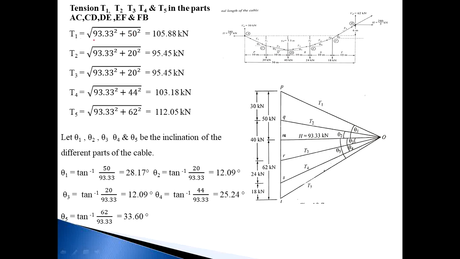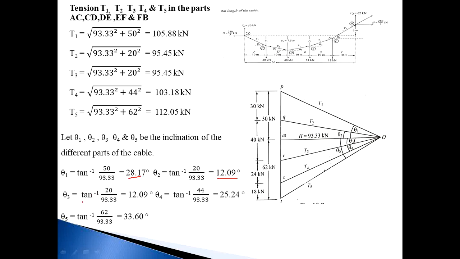So theta 1 becomes tan inverse of 50 divided by 93.33, and the value of theta 1 is 28.17 degrees. Theta 2 is tan inverse of 20 divided by 93.33. Theta 2 value is 12.09 degrees.